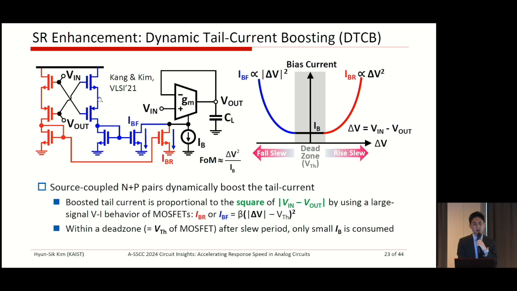The NMOS and PMOS thresholds generate a certain dead zone, and in this dead zone the left side boost enhancement circuit is automatically turned off. So only the static power consumption, that is IB, remains, but the boosting current is highly increased in proportion to delta V squared.